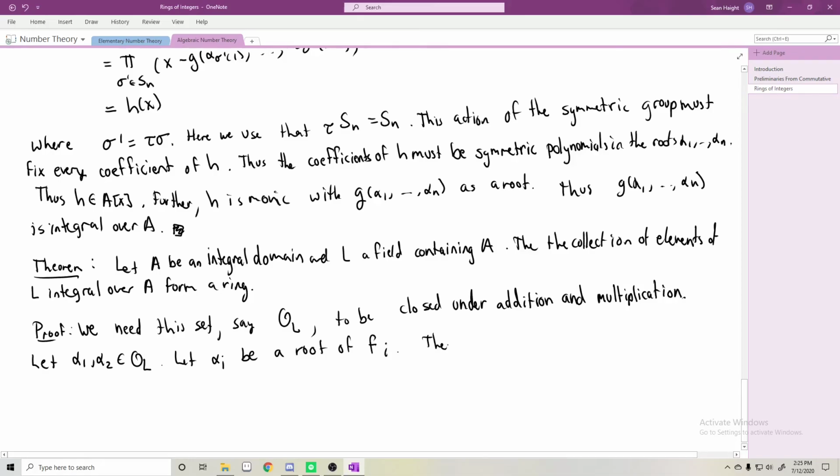Then f_i is monic. Then their product f1 times f2 has both alpha 1 and alpha 2 as a root.